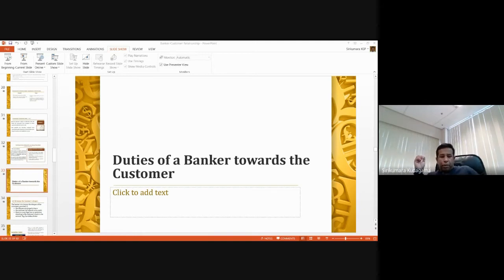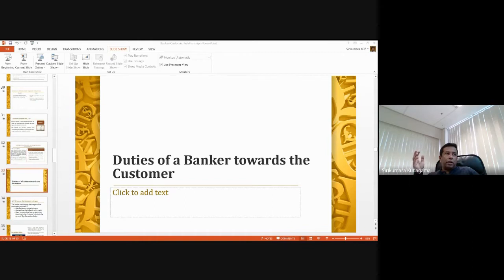The bank is also bound to abide by the standing orders of the customer given for various reasons. It may be for a periodic payment such as an insurance premium, loan settlements or whatever.